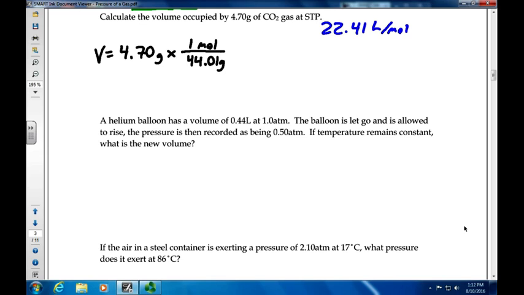You could just as easily say 4.70 grams divided by the molecular mass of CO2. But in this case, I like to keep it as a multiplication so that the units cancel out very nicely.